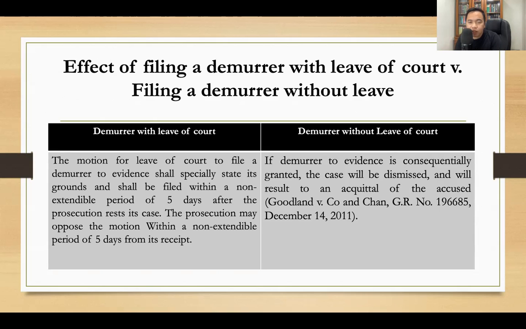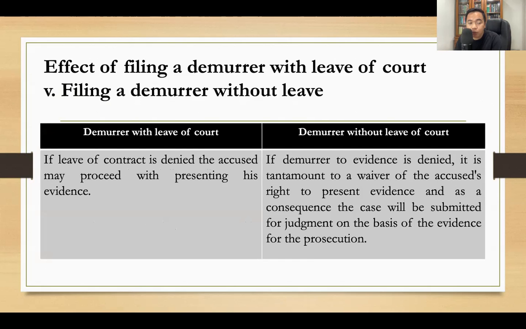Now, if a demurrer to evidence is granted, then the case will be dismissed and will result in an acquittal of the accused. So, class, if demurrer to evidence is granted, then the accused is acquitted and the case is dismissed. Okay. Remember the distinctions between demurrer to evidence without leave of court and with leave of court.